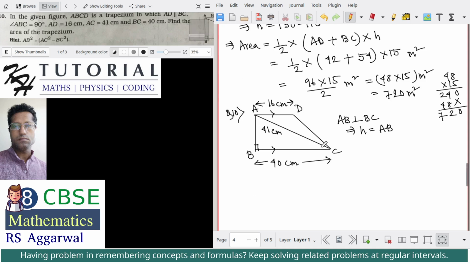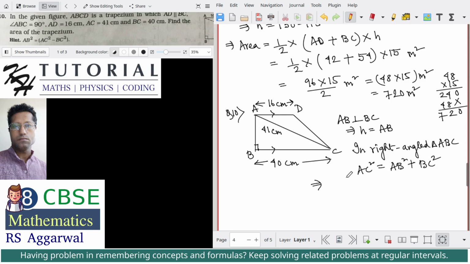Okay. So we can clearly see that in right angle triangle ABC, we have AC square is equal to AB square plus BC square.